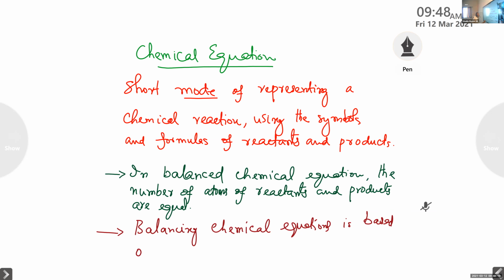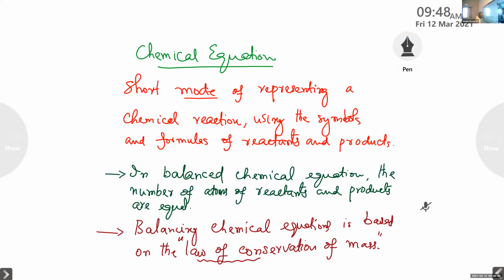It is based on the law of conservation of mass. You have studied this in physics.